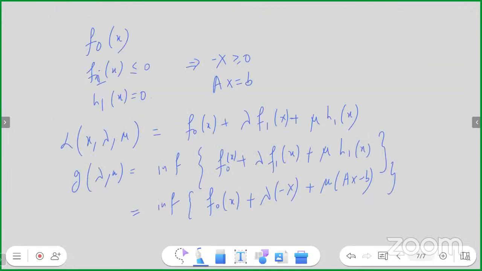Okay. What about this? If I were to pull out a conjugate of f0, what will that be? Just take out terms which don't involve f0.